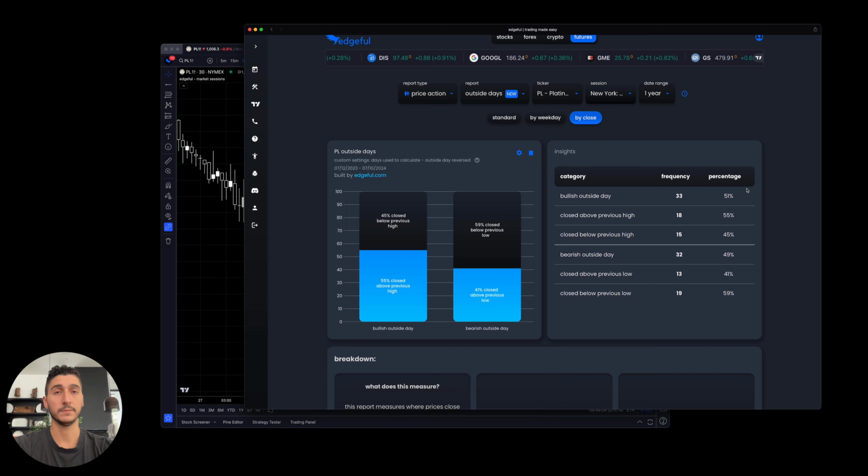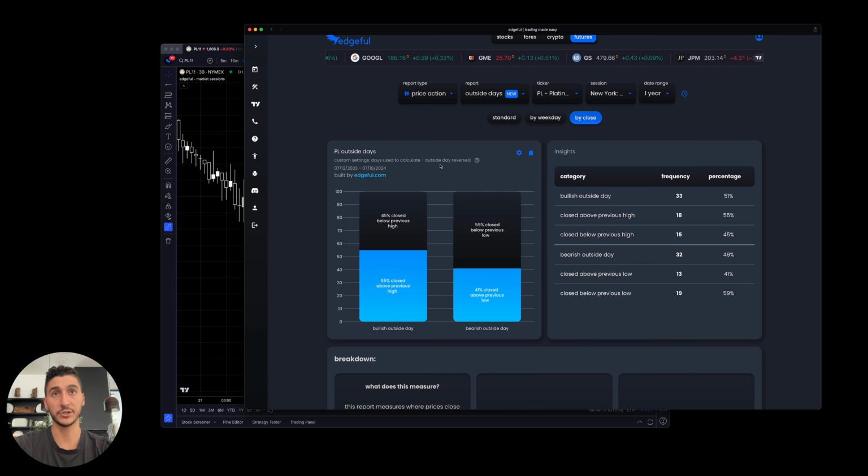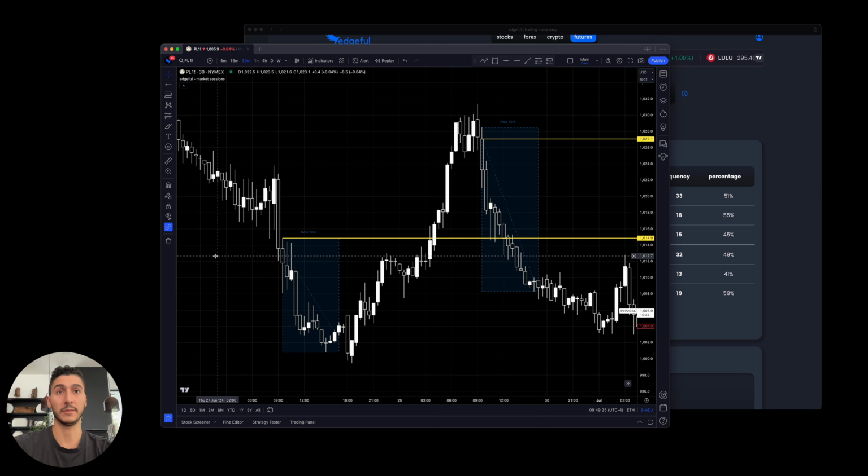Now this is normal. So what this report is measuring, when you have the touched previous day's range customization, you can actually see it here, reversed. You are only looking at the bullish outside days that reversed back into the range, and where they closed. Let me show you what that means.